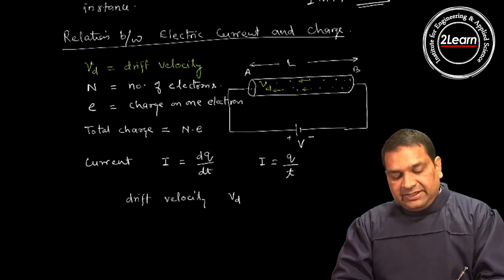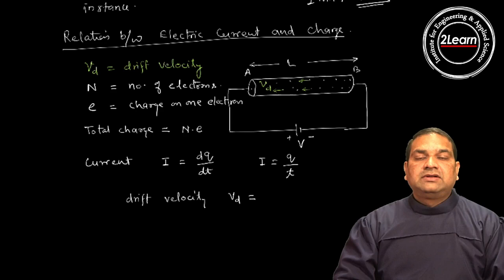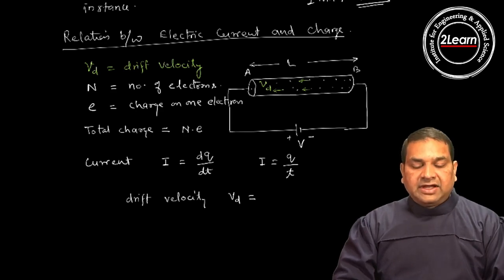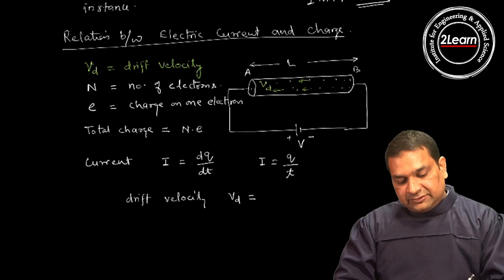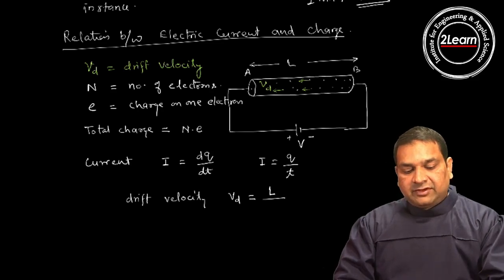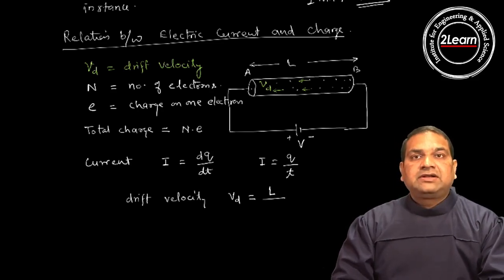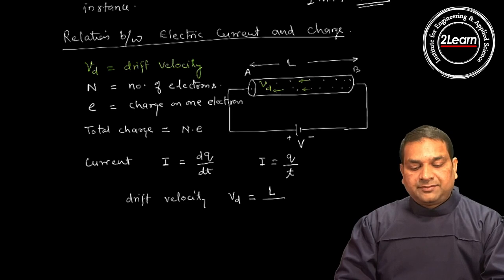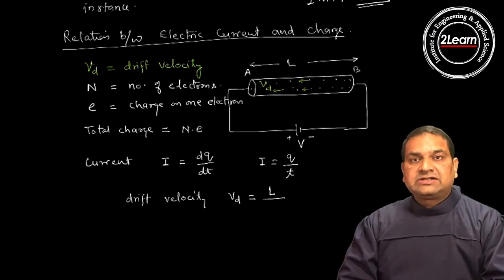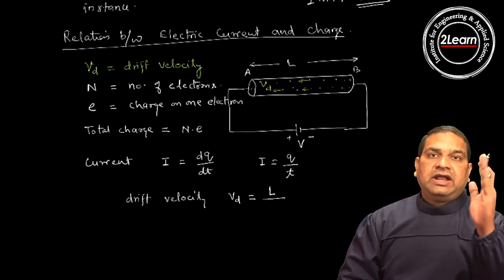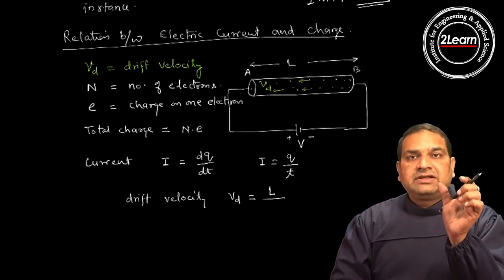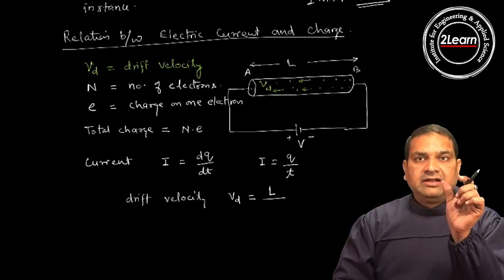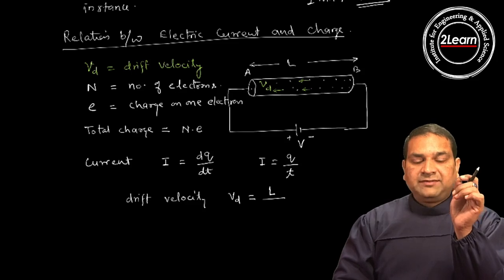Drift velocity Vd is nothing but the distance travelled by the electron in a given time. The length of the conductor is L, so suppose one electron starts moving from end B to end A. The distance covered by one electron is L, in time t.